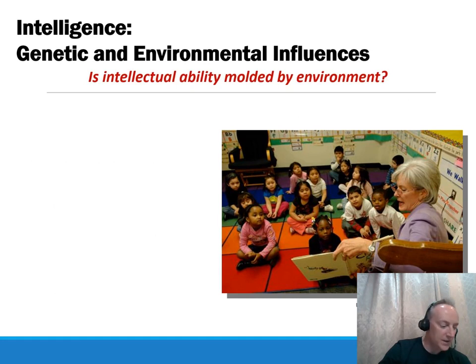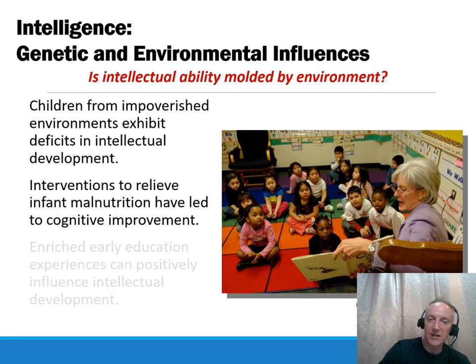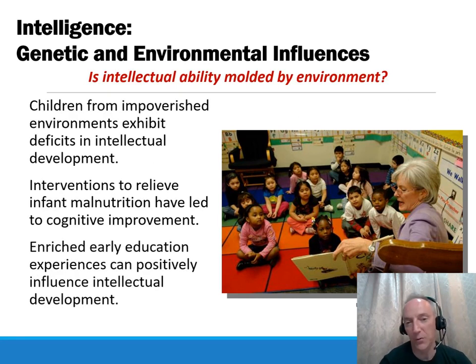But that's not the whole story. It doesn't mean that if you had parents who maybe weren't very bright, that you can't be intelligent yourself, because we have evidence from federally funded programs like Head Start that tell us your early exposure makes a difference.